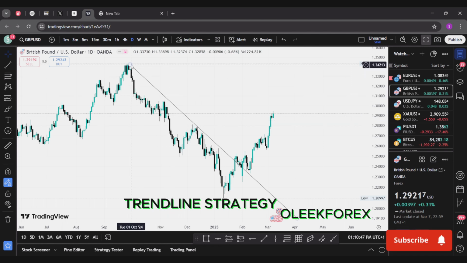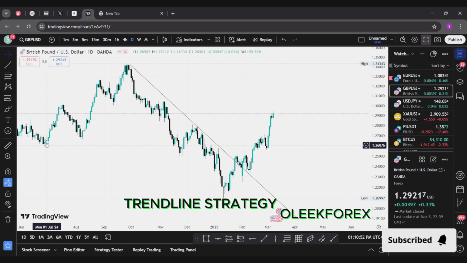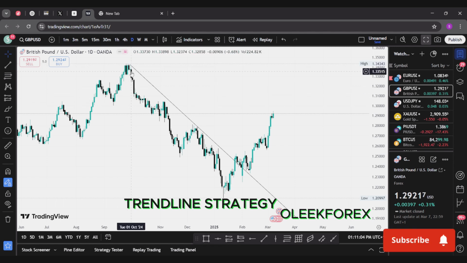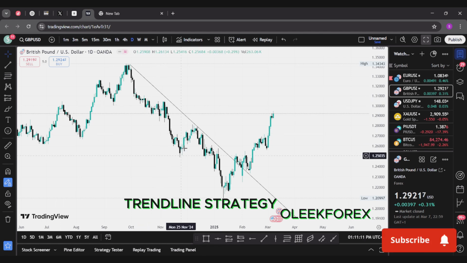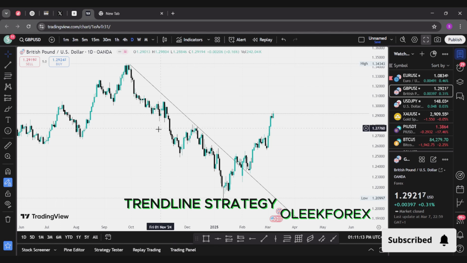From here it is higher low, higher high, higher low, higher high, higher low, higher high. But just look at what happened later. It begins to give a lower low, a lower high, a lower low, a lower high. So basically this is what the trend line does.